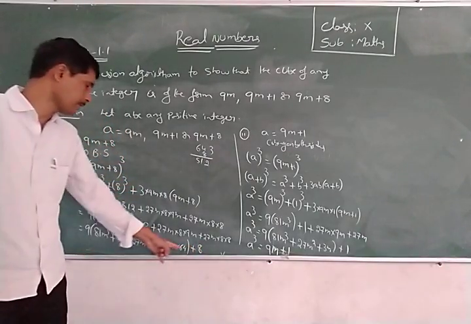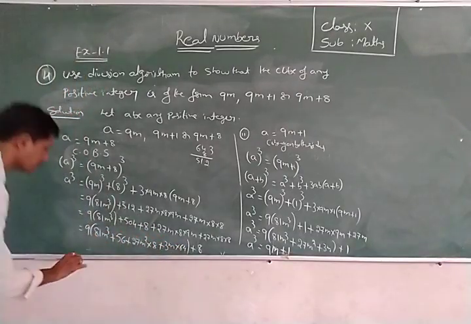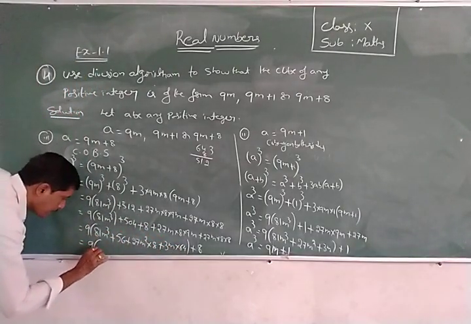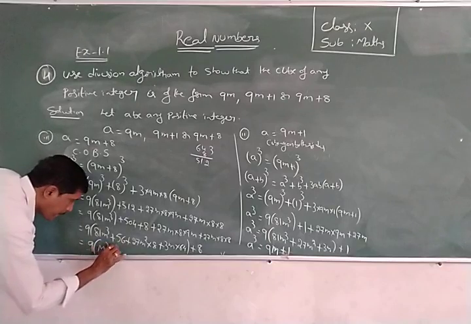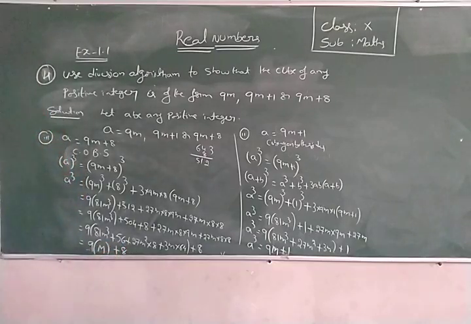Here the total in the bracket part we write as some variable m. Therefore 9m plus 8.